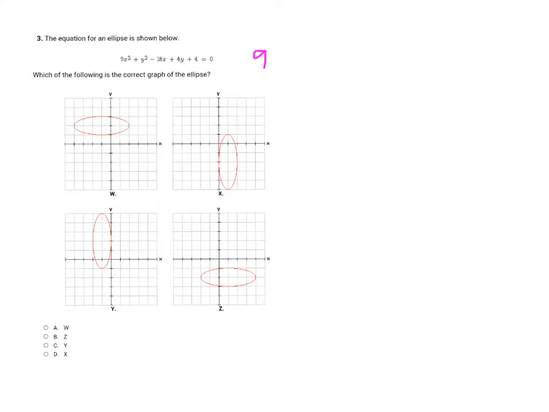So my first step is going to be to just rearrange this equation so that my x terms are beside each other and my y terms are beside each other. And because I know I'm going to be completing the square, I'm going to leave some blanks here just to help me see where I might need to fill in numbers. So my first step in completing the square is to see if I can factor out anything from the two x terms.